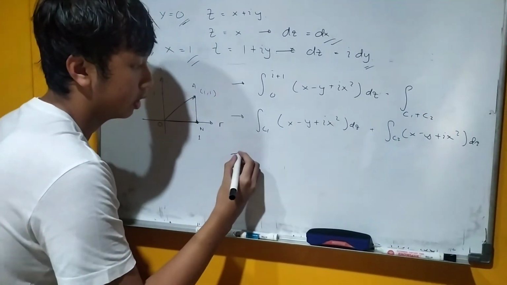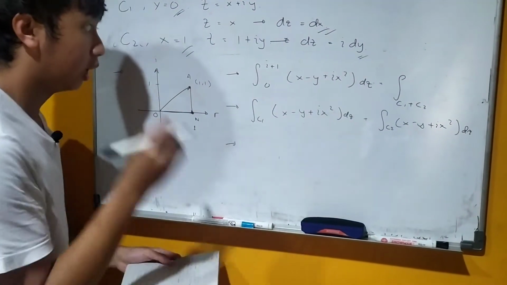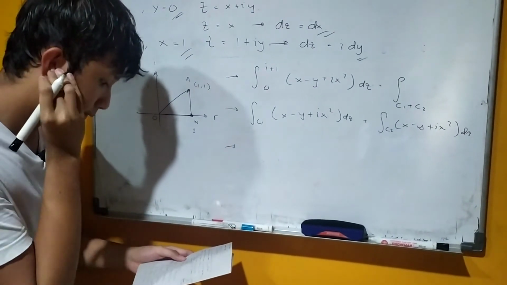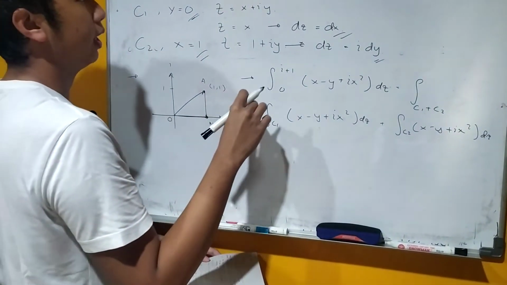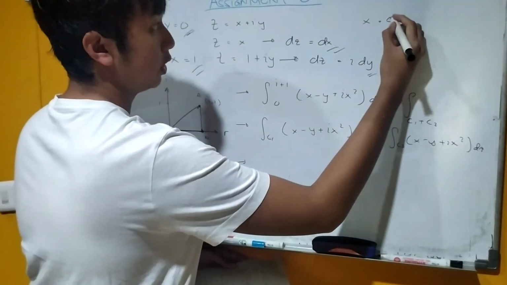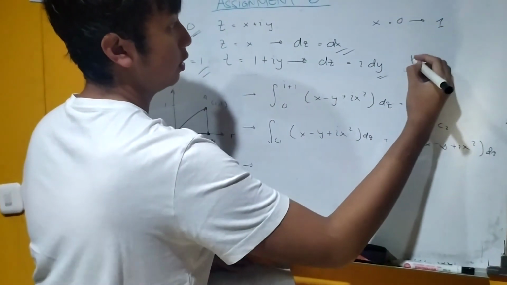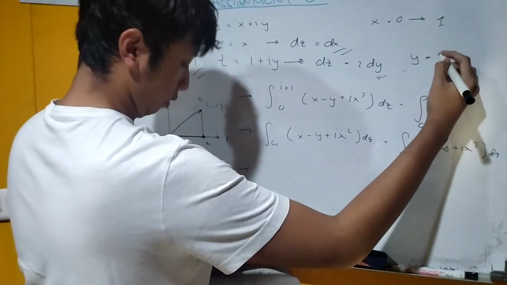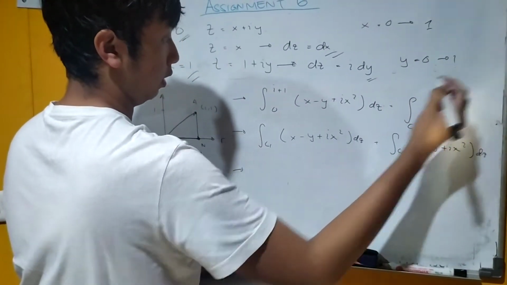Now we want to start plugging in all the values. Remember that for C1, x is from 0 to 1, and for C2, y is also from 0 to 1.